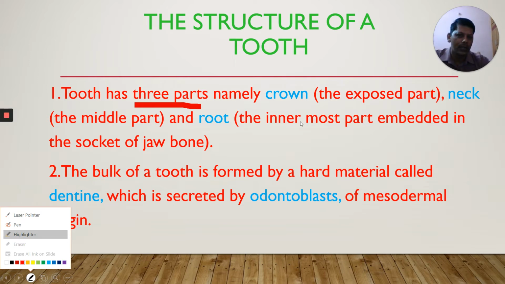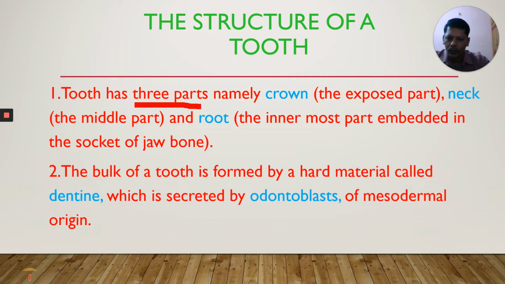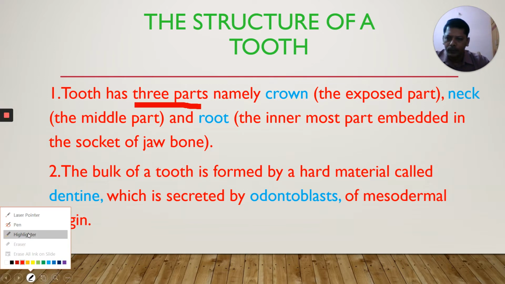The tooth root is the innermost part, embedded in the socket of the jawbone. That's why our teeth are described as thecodont.